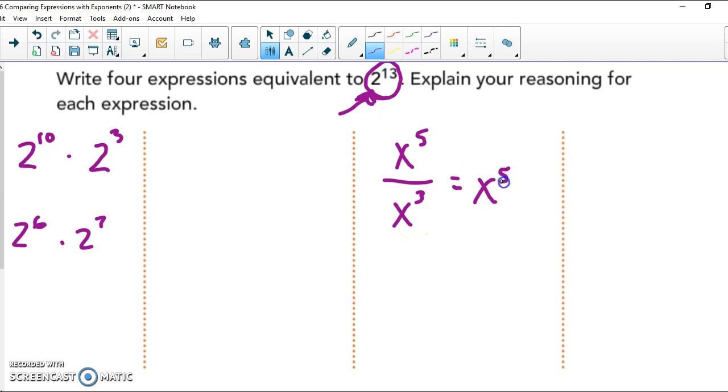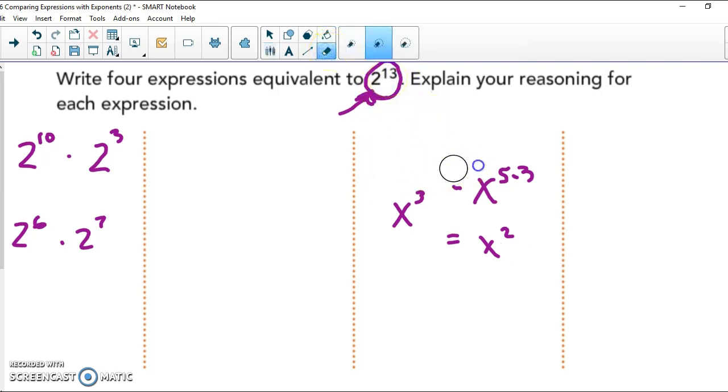So we could use that idea here to write some equivalent exponents that would have a base of 2 and whose powers would subtract to 13. So I'll give you a second to jot a couple of those down. These that you put down on your notes we will share out in class.